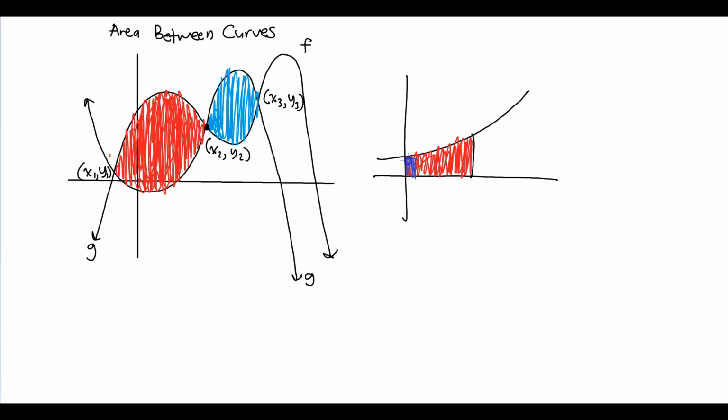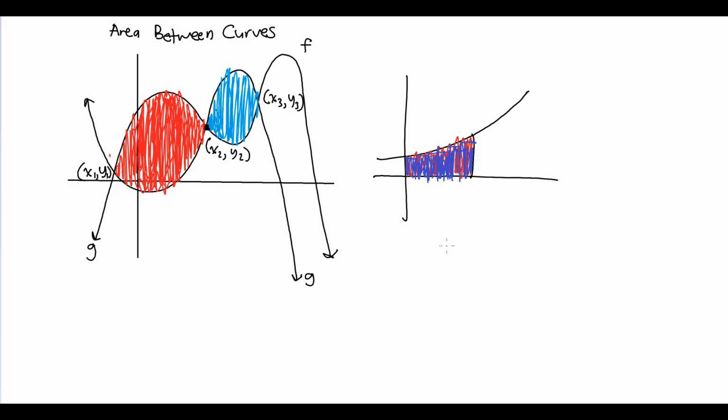So like this rectangle, this rectangle, this rectangle, and so on. You would keep on adding rectangles. Now, for an area between two curves, you can use a similar concept.